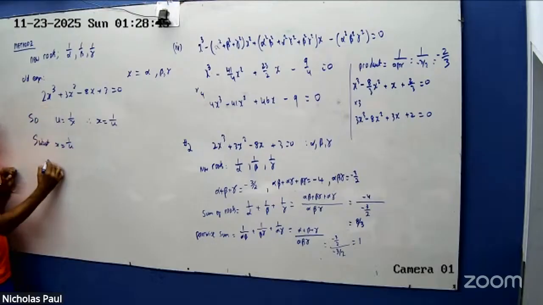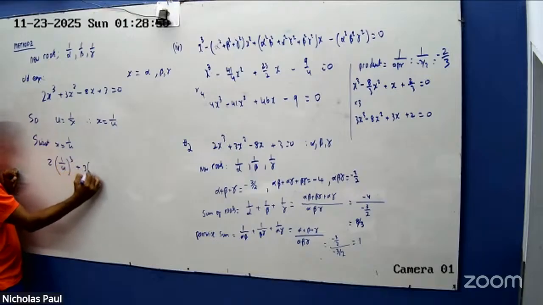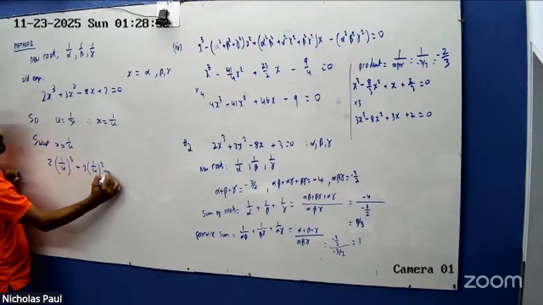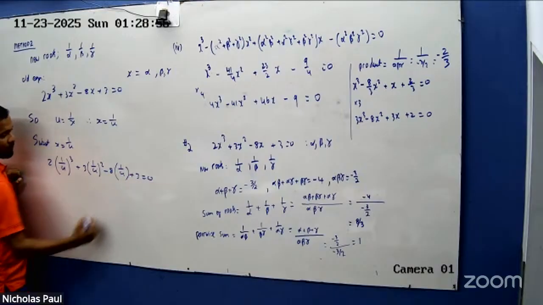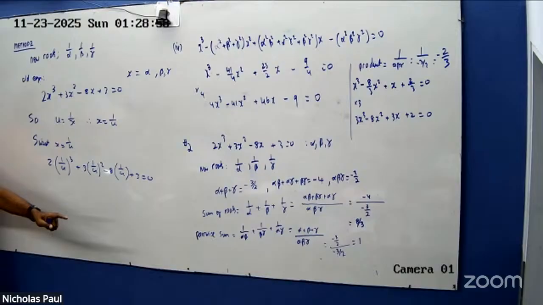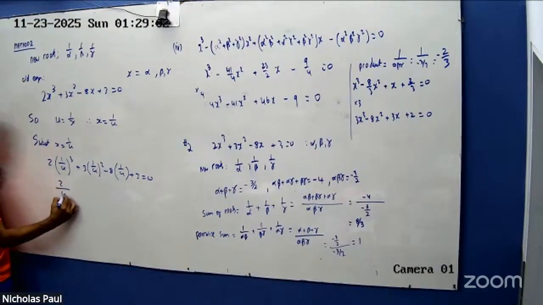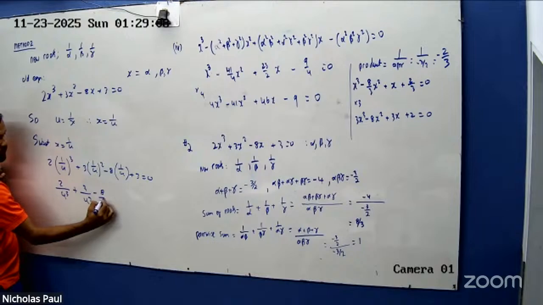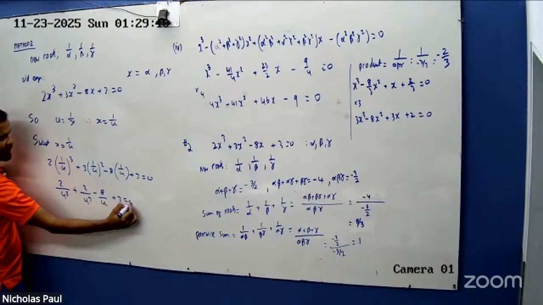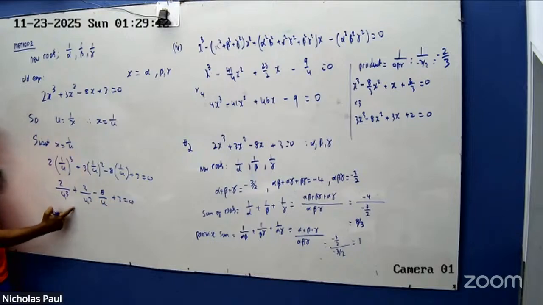And I will get 2 times (1 over u) cubed plus 3 times (1 over u) squared minus 8 times 1 over u plus 3. And if I simplify this out, I will get our new equation. So we will get 2 over u cubed plus 3 over u squared minus 8 over u plus 3 is 0.